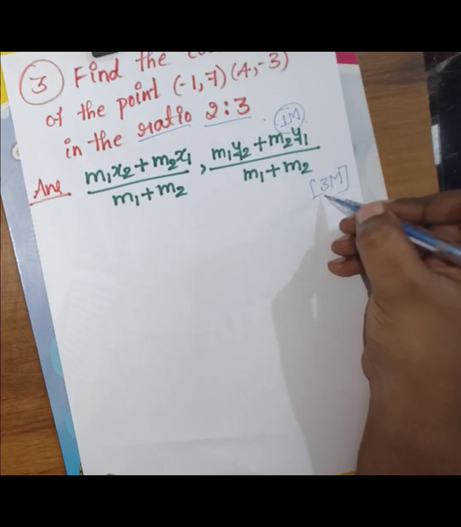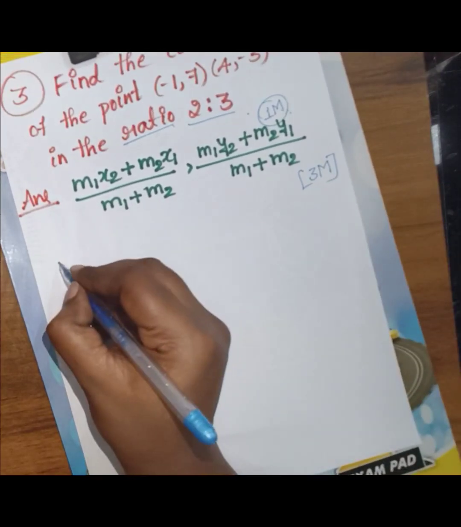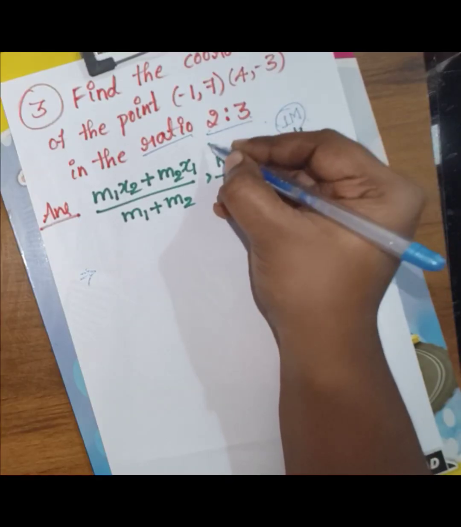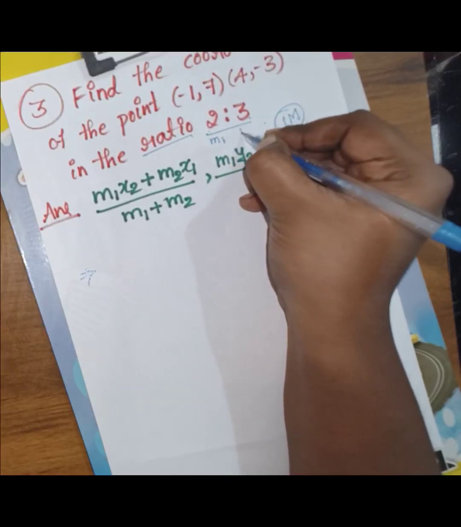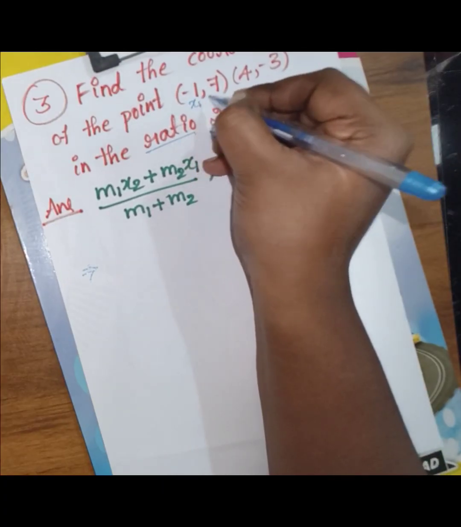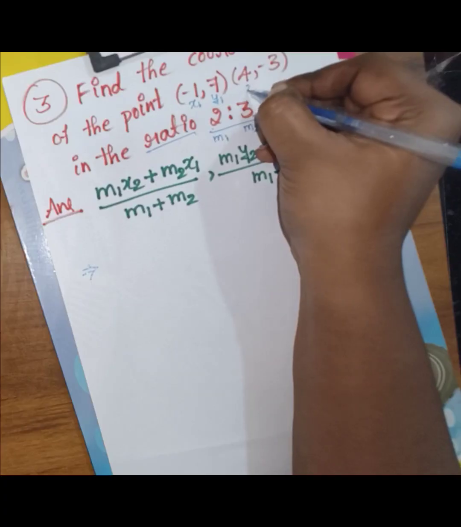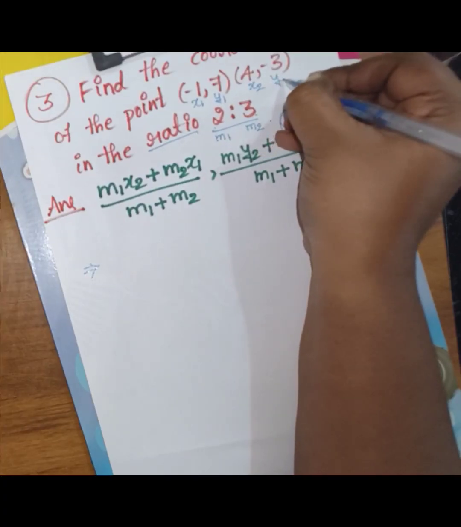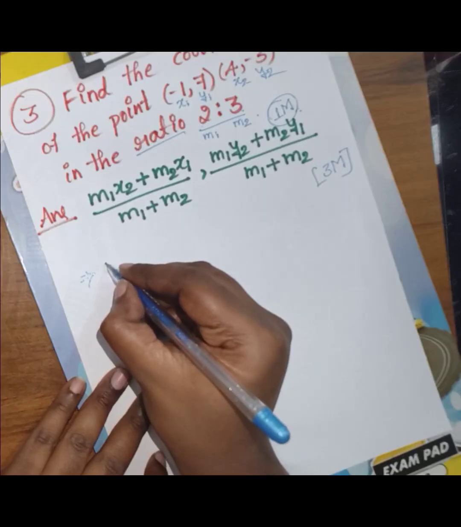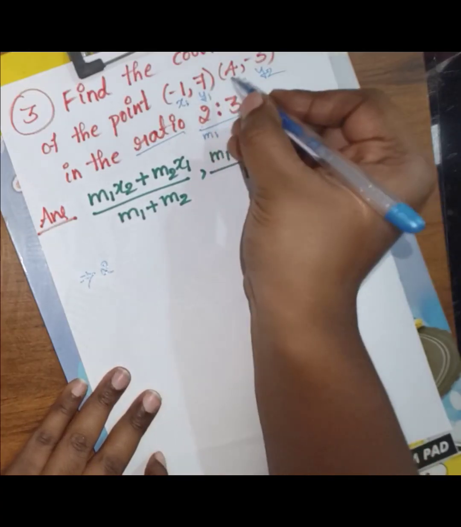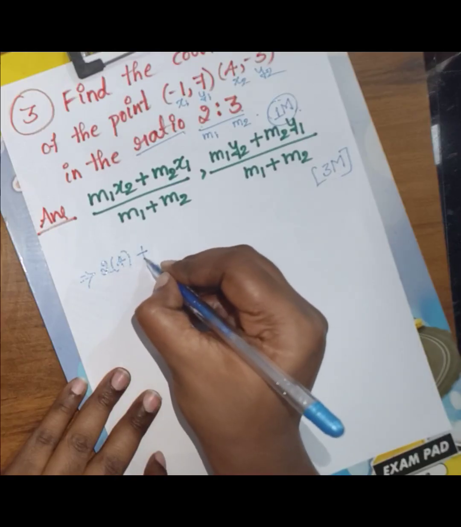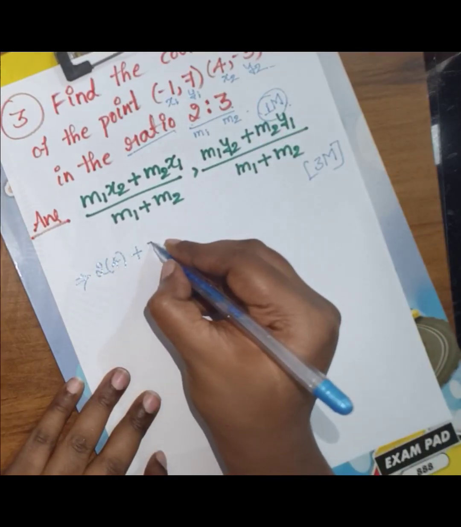This question will carry 3 marks. Now we'll apply the section formula where they give the ratio 2:3. You have to take m1, m2. The 2 points, you know how to take x1, y1, x2, y2. Okay, apply now. M1 is 2. X2 means 4, plus M2 is 3.